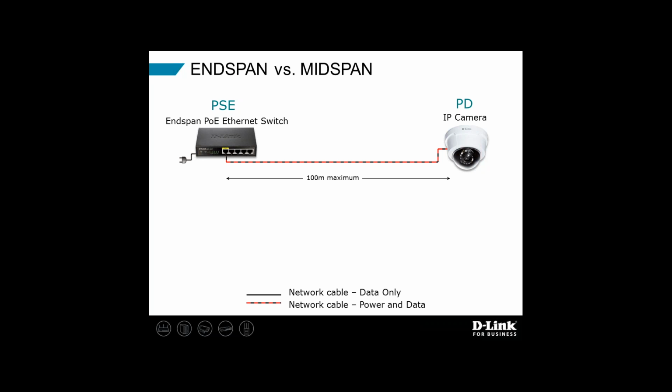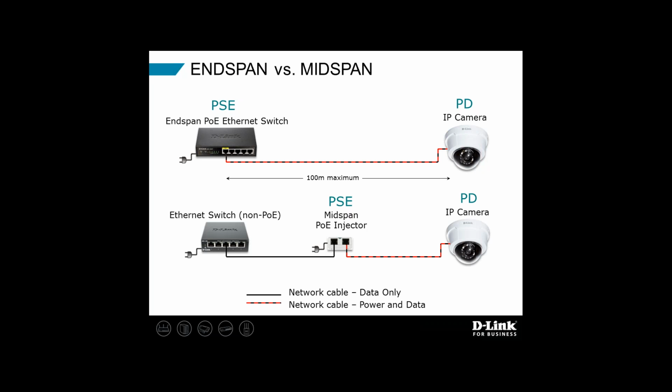In this case, the Ethernet switch is acting as the PSE. It's Endspan because it's generating the Ethernet signal, and it's a PSE also putting power on the wire, and that's signified by the dashed red and black line.